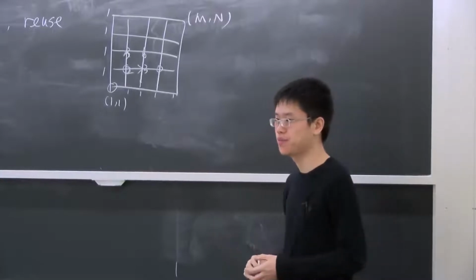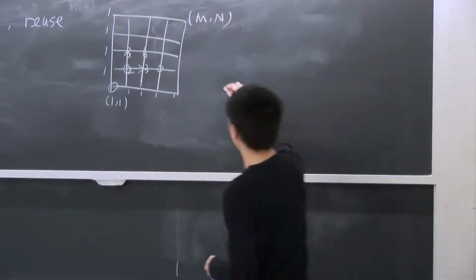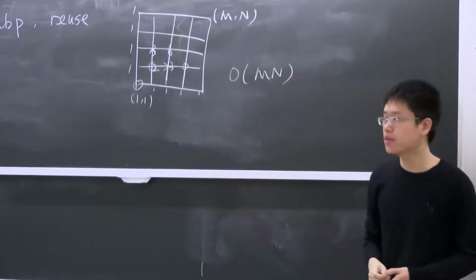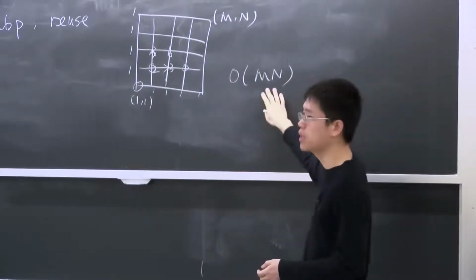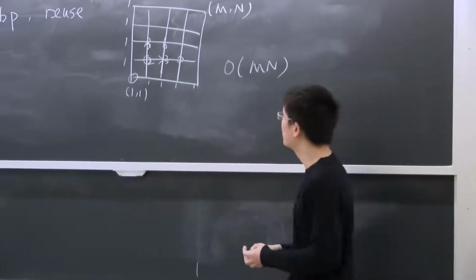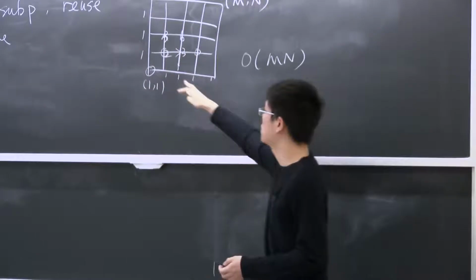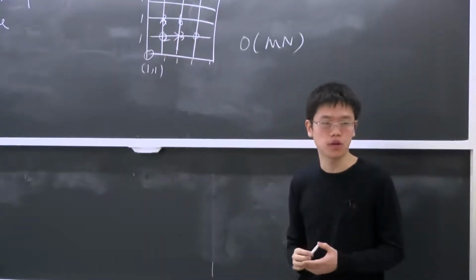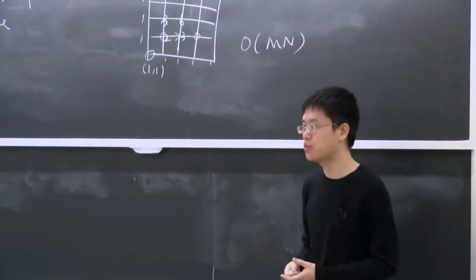Yeah, speak up. It's just m times n, right? Why? Because I have this many unique subproblems, one at each point, and I'm just taking the sum of two numbers at each subproblem. So it takes me constant time to merge the results from my subproblems to get my problem.